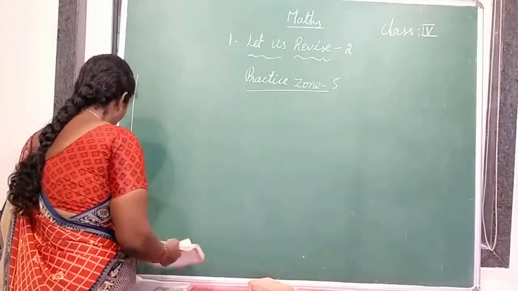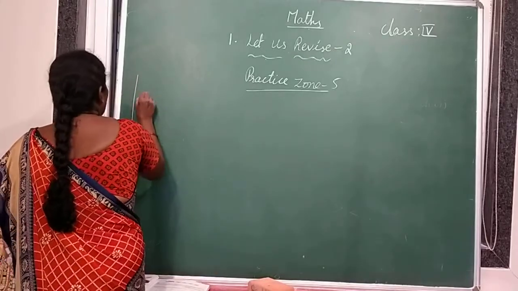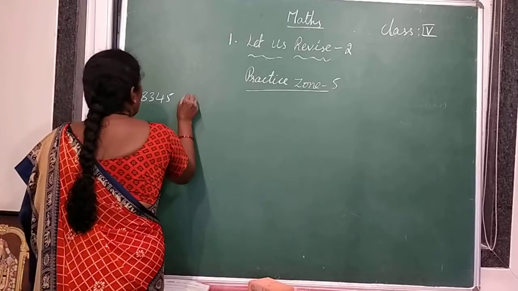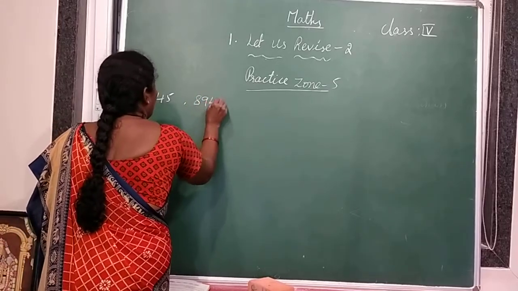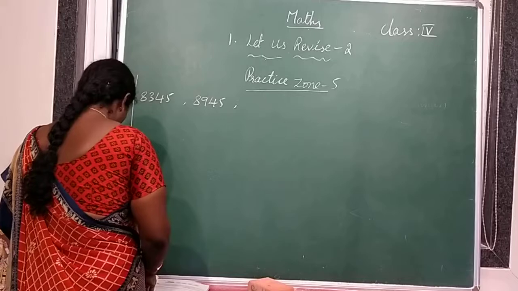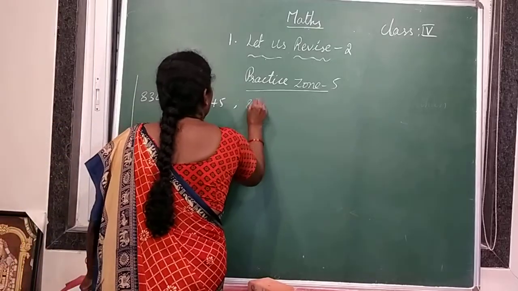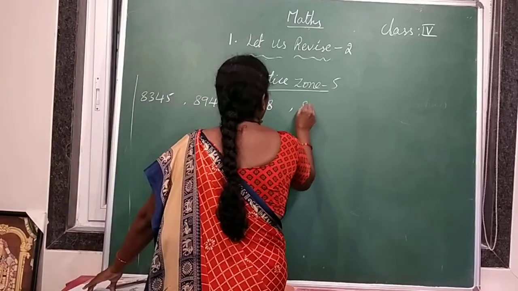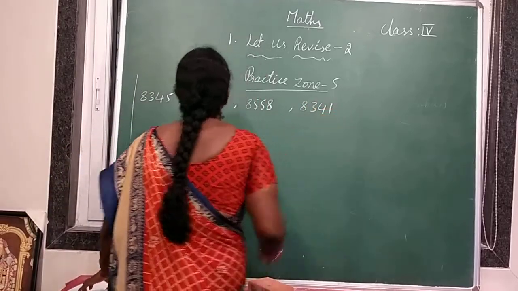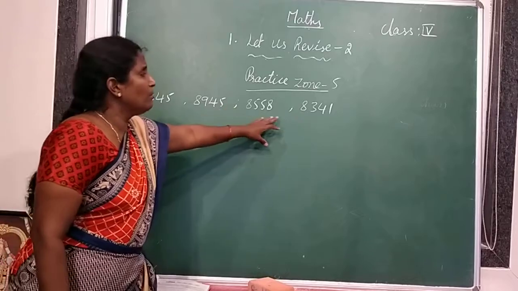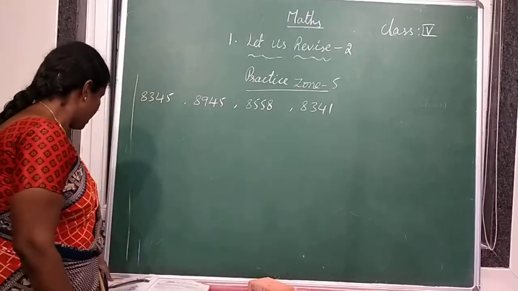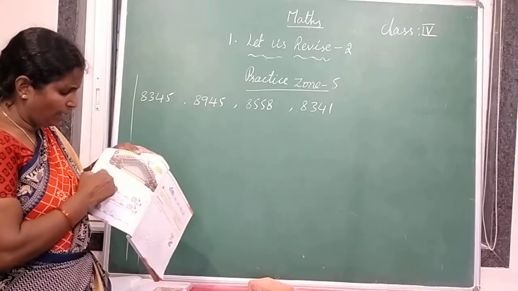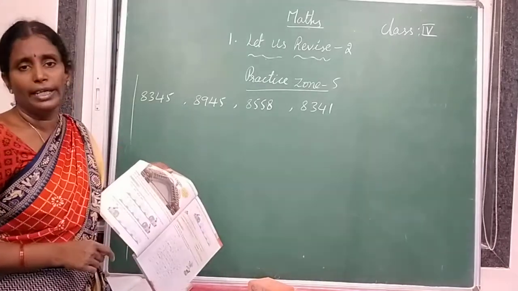So what are the numbers given here? 8345, 8945, 8558 and 8341. So we have to label these numbers on coaches. These boxes are there now. So on these boxes we have to label these numbers in ascending order.